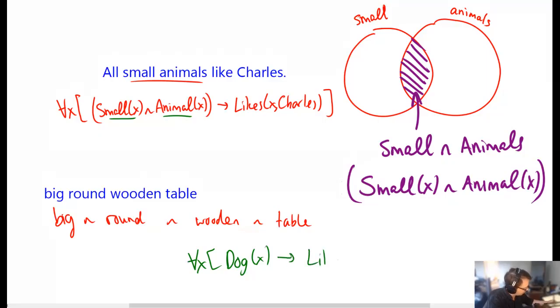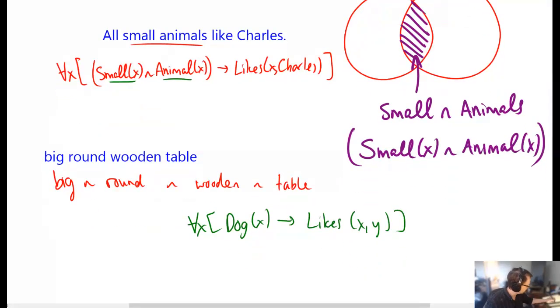So the X's are bound, but the Y isn't bound, it's free. So would I say the Y of likes is free, or the whole thing is free? It's the individual variables that are bound or free.